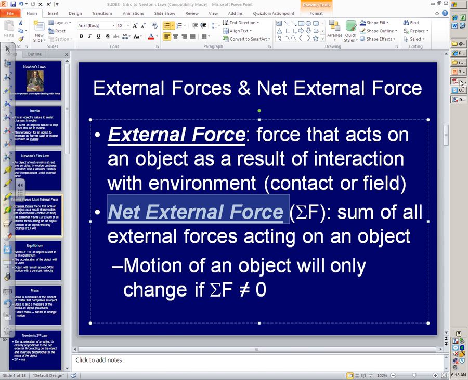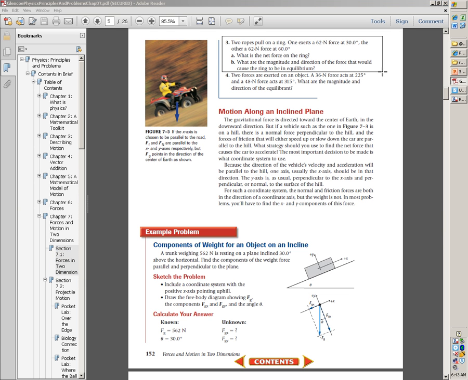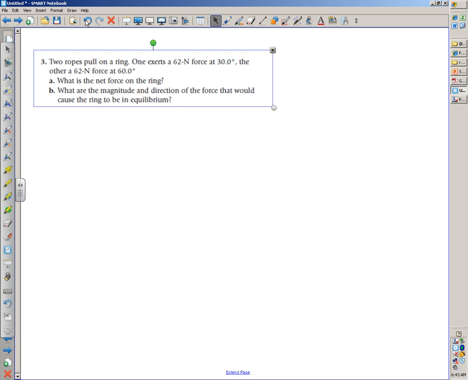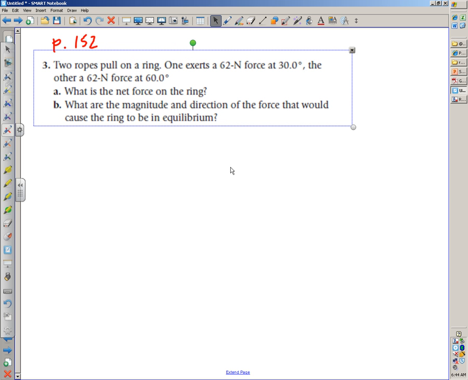So, to get us started, I'm going to go to page 152 of your textbook, and up at the top of page 152 of your textbook, there's a couple example problems. So the first example problem, once again, just to review, this is page 152 of your textbook, and we are looking at example problem number 3.